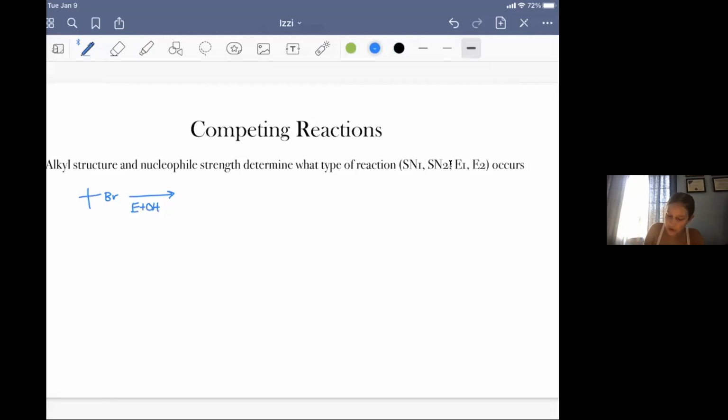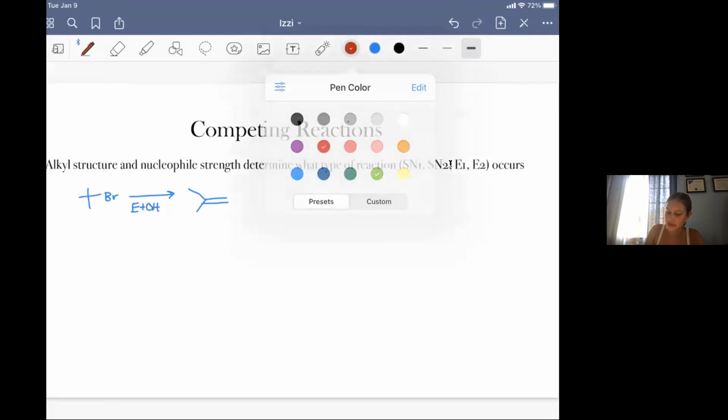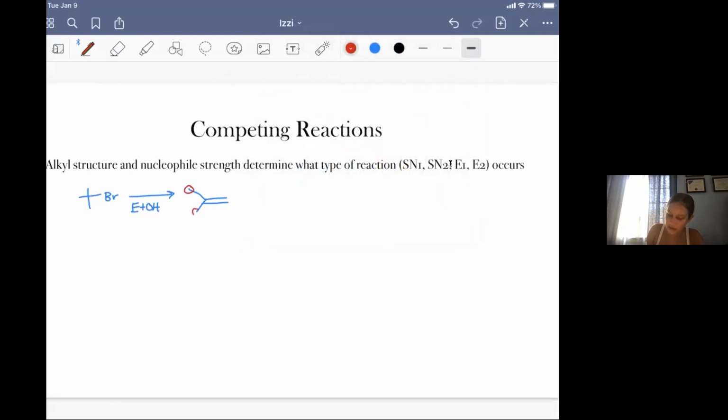So first we could draw our elimination product that looks like this. And if you notice, there's 2 substituents coming off of the double bond. You can keep that in mind for later. We'll talk about that more in terms of major and minor isomers. But this would be your elimination product.